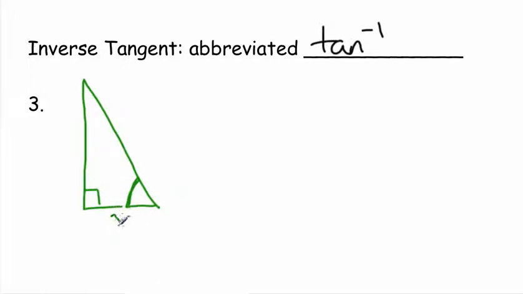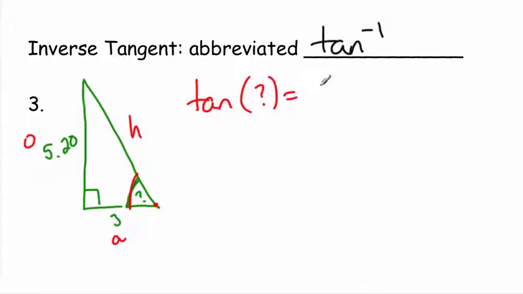This is going to be 3, this is going to be 5.2, and I'm looking for this angle right here. Since this is my reference angle, that makes this opposite, adjacent, and hypotenuse. The only one that uses opposite and adjacent is tangent. So the tangent of my angle is going to be opposite over adjacent.